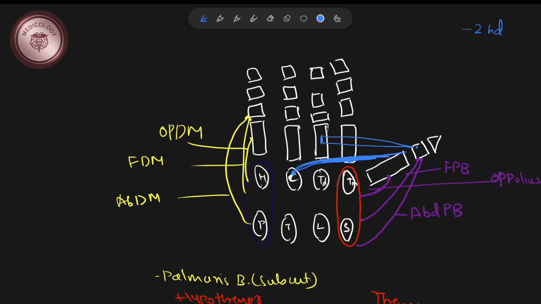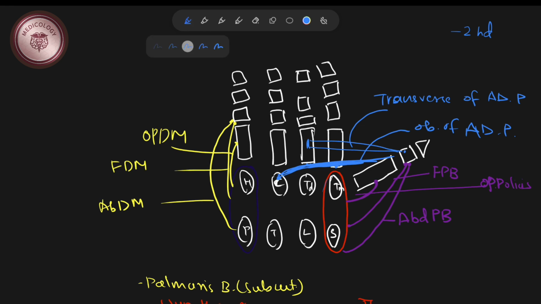So one muscle is the transverse muscle of adductor pollicis, and this is the oblique muscle of adductor pollicis.